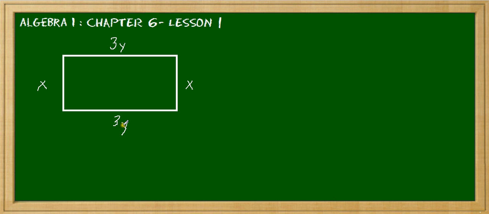Now, we understand that the perimeter is basically the sum of the sides, right? And that's how we did it before. So we could give the expression, we can start off with 3y plus x plus 3y plus x, right?